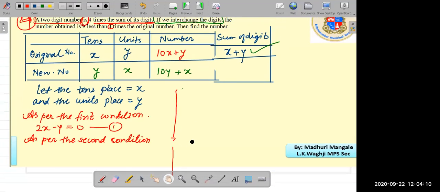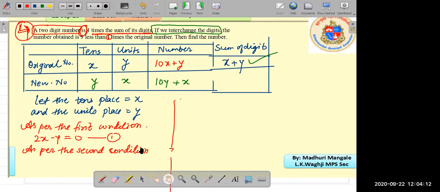It states if we interchange the digits, the new number obtained is 9 less than 4 times the original number. But I told you there is a correction over here. This is not 4 times, it is supposed to be 2 times. Okay, you can make this correction in your books. It has to be 2 times and not 4 times.